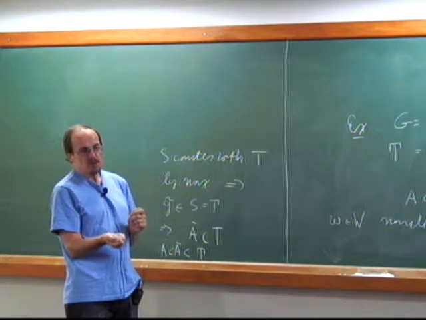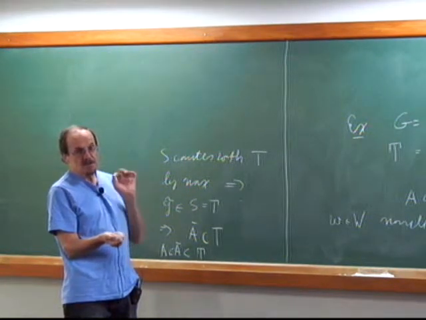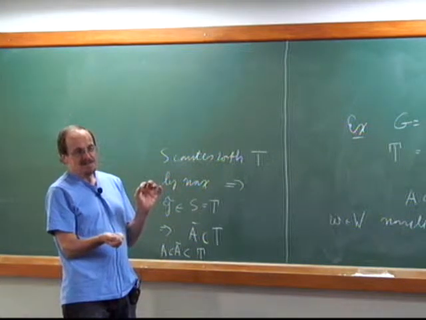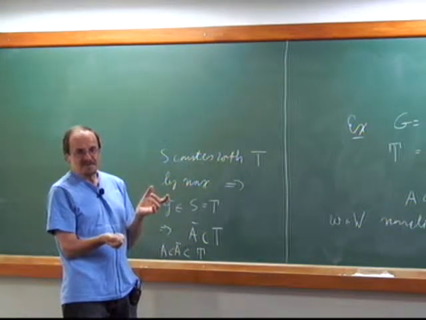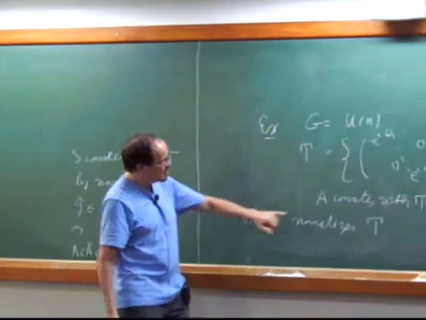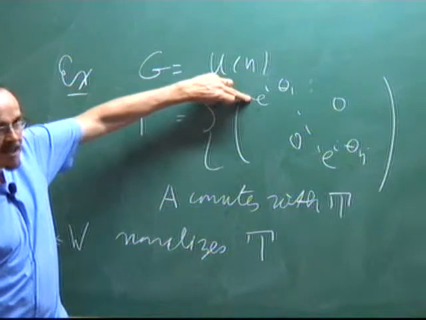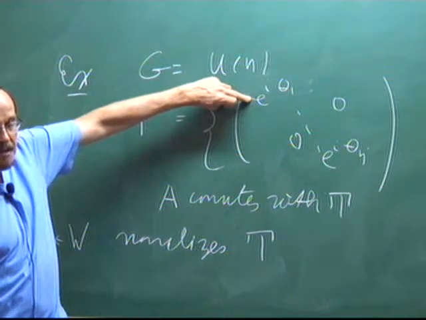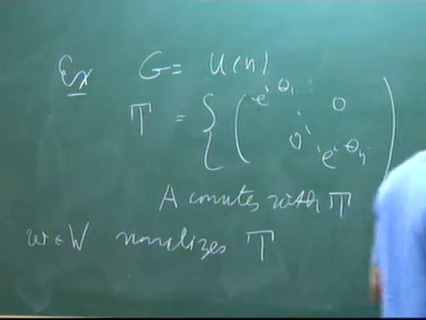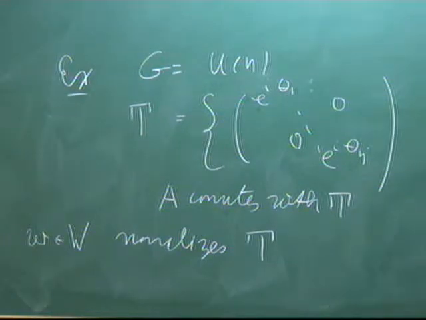It doesn't quite have to preserve the individual eigenspaces. It can permute them. If it doesn't commute, there's no reason that if I apply it to this eigenvector, I get the same eigenvalue. But I get some other eigenvalues possibly. So all it can do is permute.